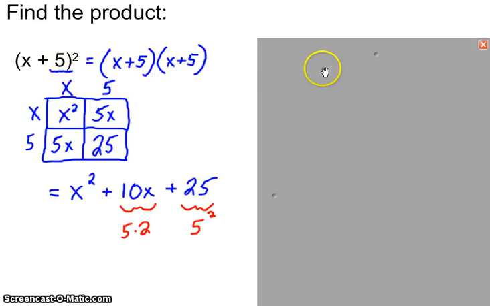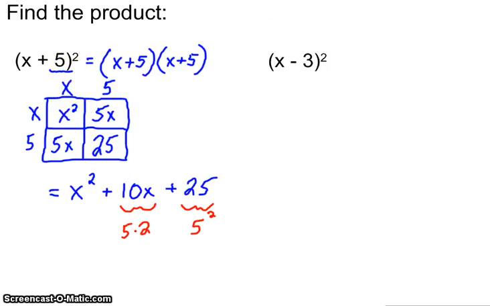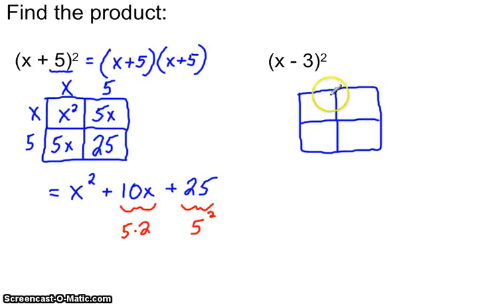Let's see if it actually works with a negative as well. So we're going to try x minus 3 squared. And we know that's x minus 3 times x minus 3. So I don't need to rewrite that part again, but we'll go to the window. So we've got an x and a minus 3, and an x and a minus 3. Same thing again.